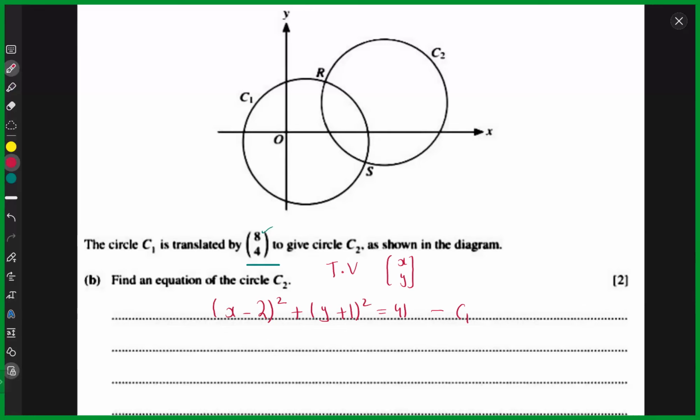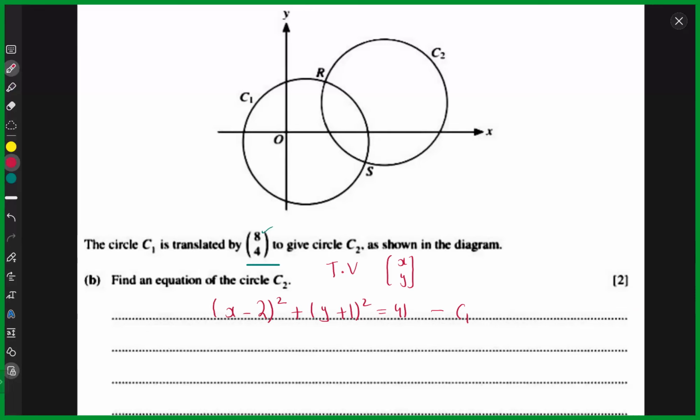And the other one is minus 1 plus 4 for y. So our C2 center coordinates will be 10 and 3. Since our radius is already R2, it remains R2. Yes, very good. That's very, very right. Excellent.